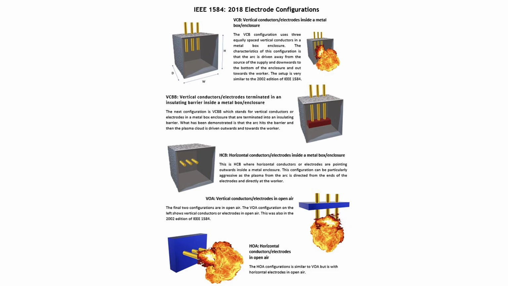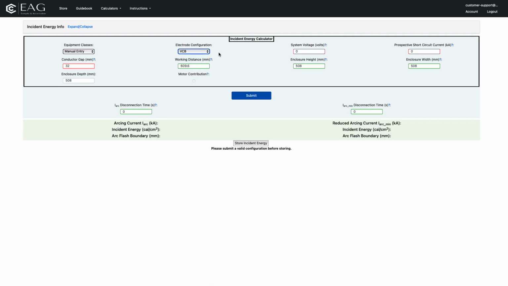As can be seen in this diagram, the configurations are VCB, VCBB, HCB, VOA and HOA, and basically denote vertical or horizontal conductors in air or constrained in a box, the odd one out being VCBB, which is vertical conductors that are terminated into an insulating barrier within an enclosure or box. We'll use VCB for our example.